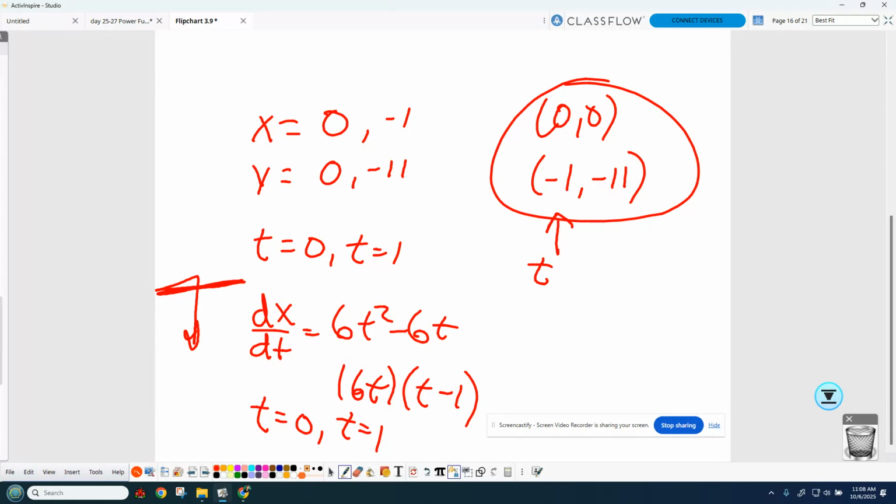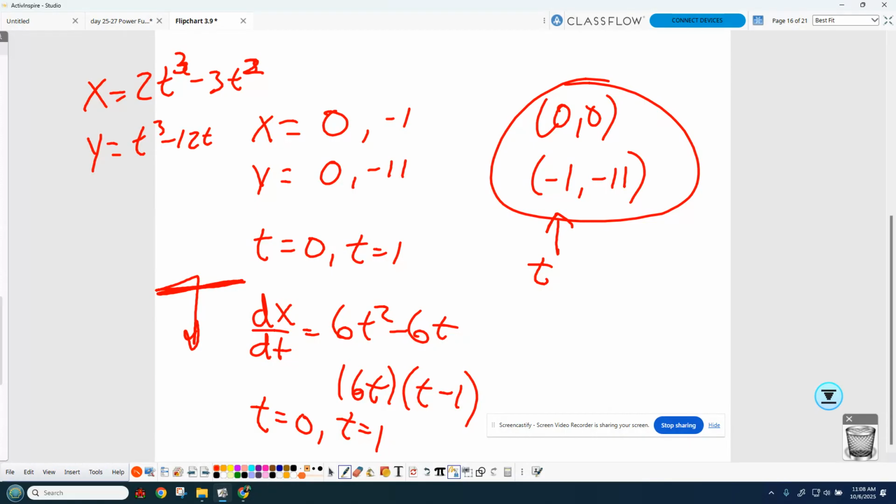But if you got that and set it to 0, the denominator was 0, so where the vertical happened was at time 0 and time 1. And x was like 2t squared? Something like that. 2t cubed, and y was t cubed minus 12.